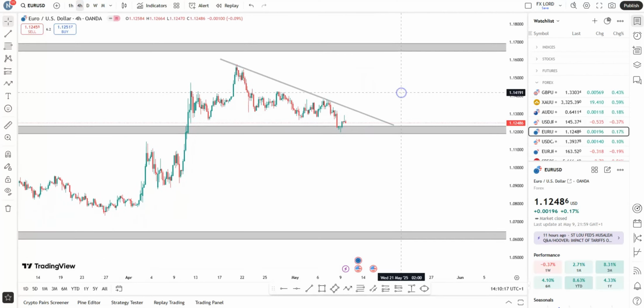But my bearish scenario, the market Euro USD could just come in here, move just around here and break down to the downside, come back to retest this level and all the way down. So this is my bearish scenario.